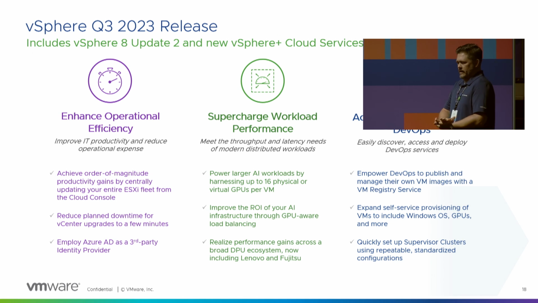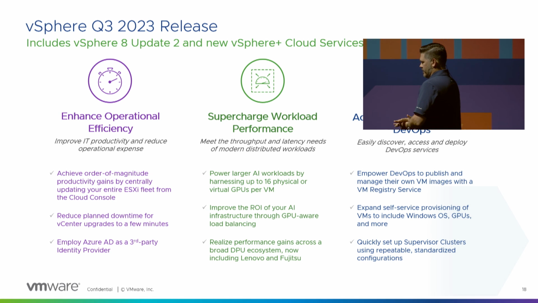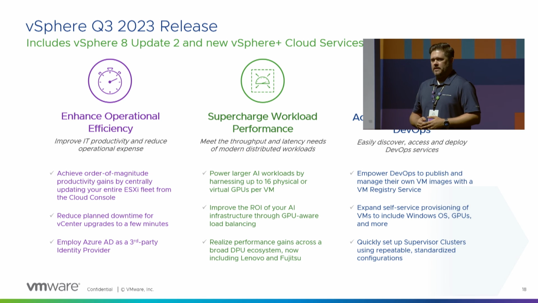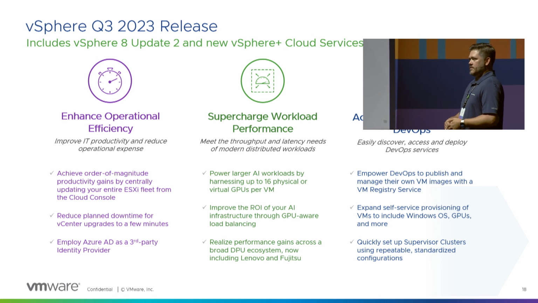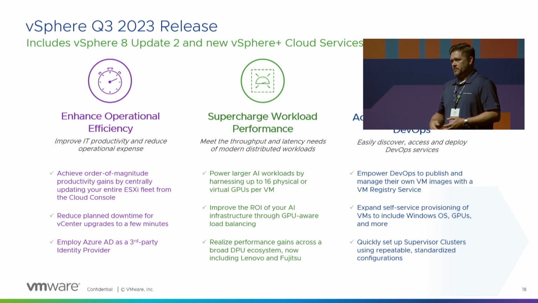I did not get a chance to see the entire keynote. Some of the things that were new: starting back in 7, we started increasing those compute maximums for vGPUs and GPU pass-throughs.